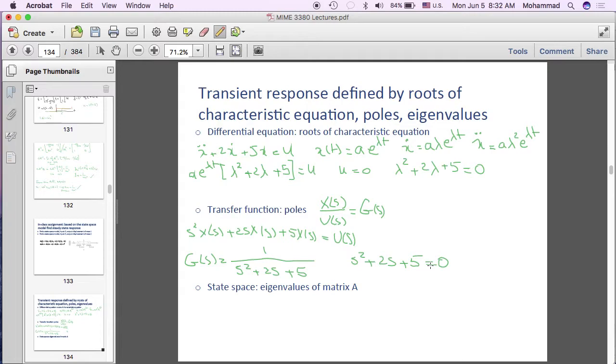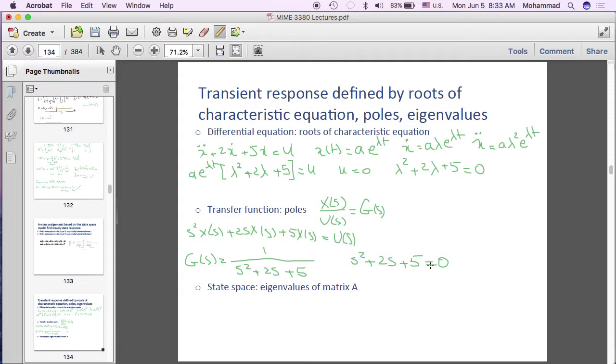Now, I don't want you to find values of s. What I want you to do is to compare that equation to the characteristic equation of the differential equation. Do you see any similarity? They're exactly the same equation. So in other words, roots of the characteristic equation are exactly the same as poles of the transfer function.